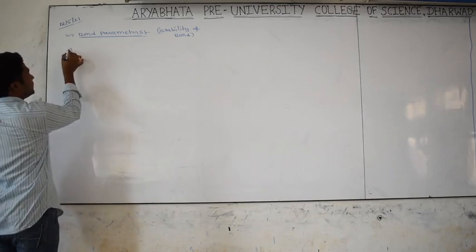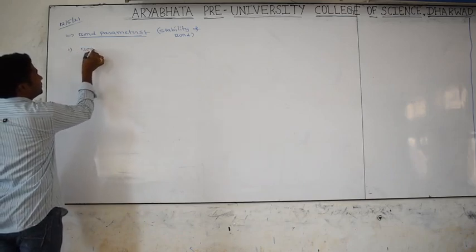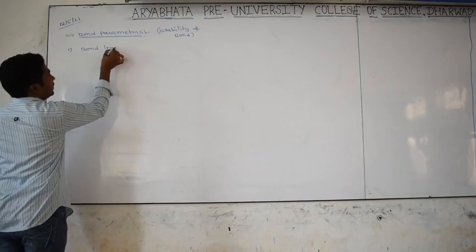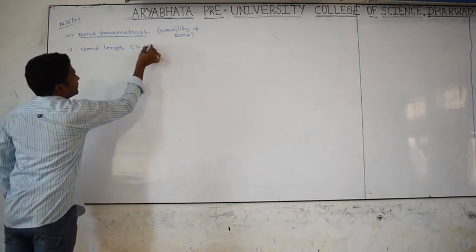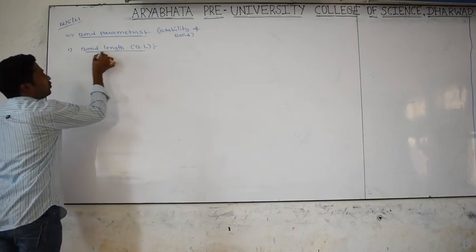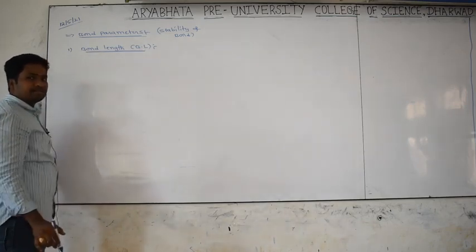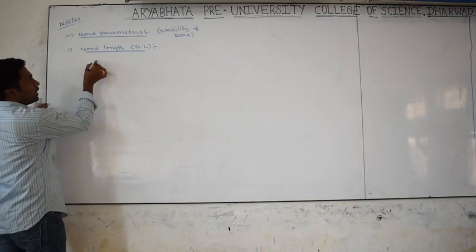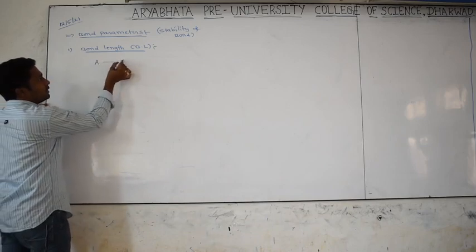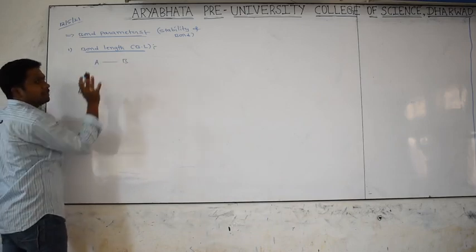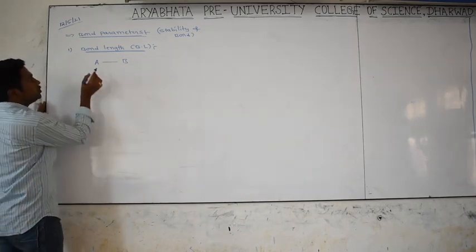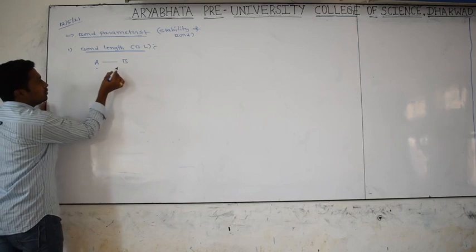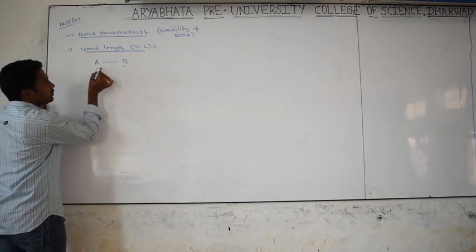Under this, the first one is bond length. Bond length is shortcut written as BL. Already you know the meaning of bond length. For example, you have two atoms connected together through a chemical bond, whether single bond, double bond or triple bond, not a matter. So atom A has a nucleus, atom B also has a nucleus.